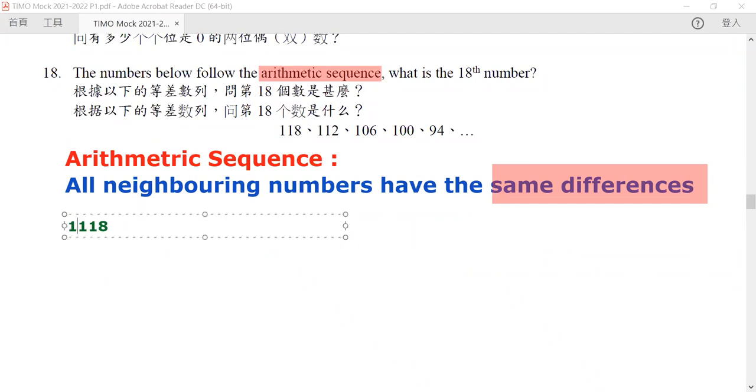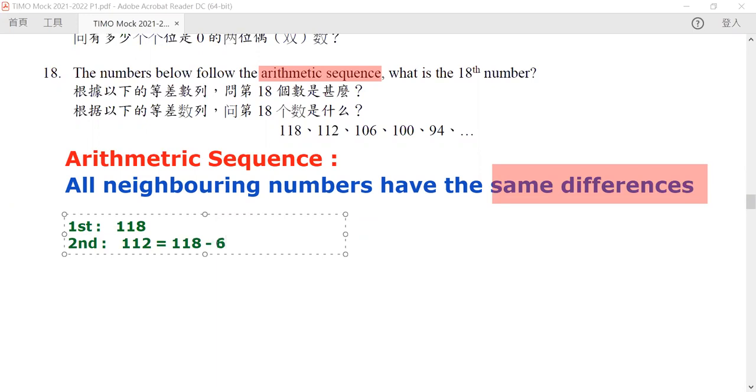So our first number is equal to 118, and our second number is equal to 112. But what is 112? 112 is equal to 118 minus 6, right? Because they have a difference of 6. Our third number is equal to 106. But what does that mean?